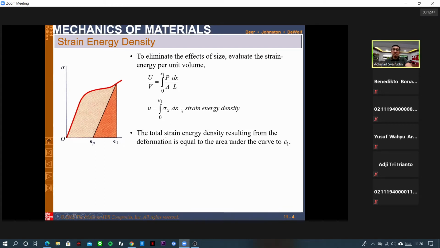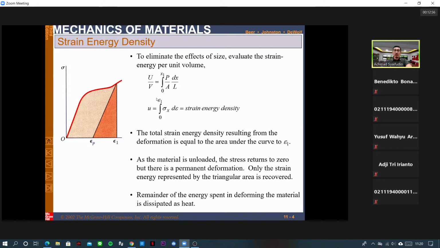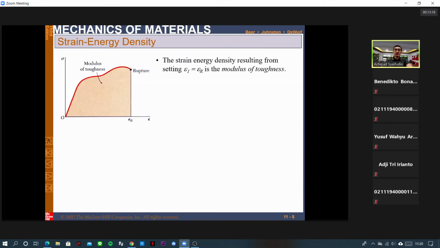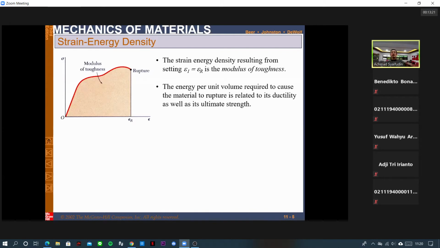If we integrate over the whole area, from 0 to the total strain, times the stress that exists due to the loads, we get the strain energy density. You can read it in detail later. Okay.